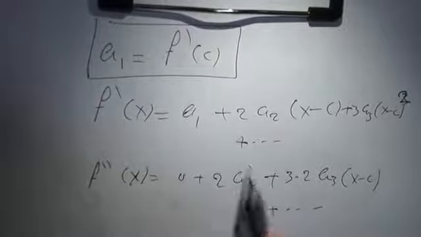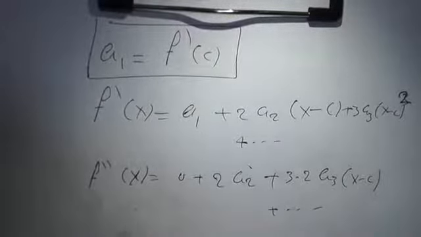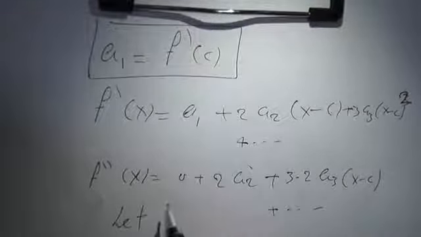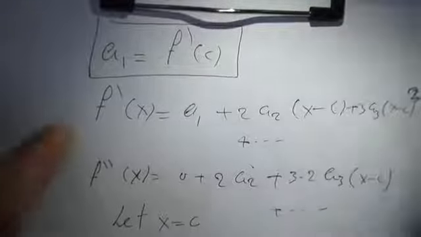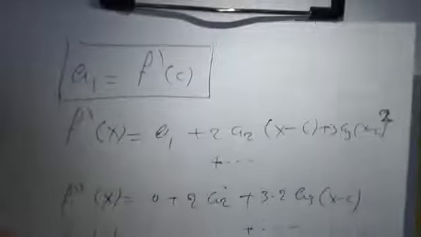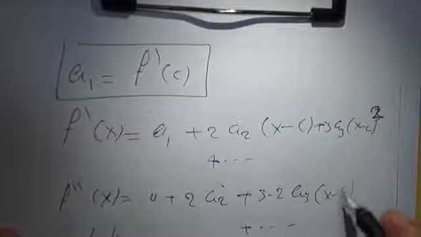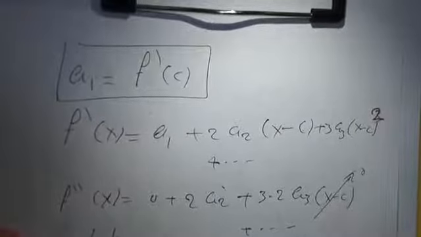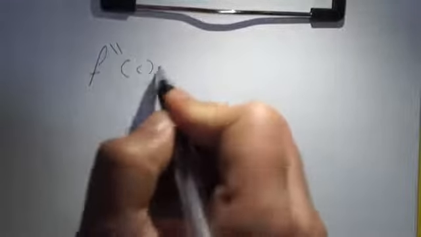Now to get a2 we're going to set x equal to c. سوف نجعل x يساوي c. عندما ال x يساوي c هذا الحد سوف يذهب إلى الزيرو and the other terms will be zero as well. كل الحدود سوف تصبح zero. فيصبح لدينا f double prime at c.